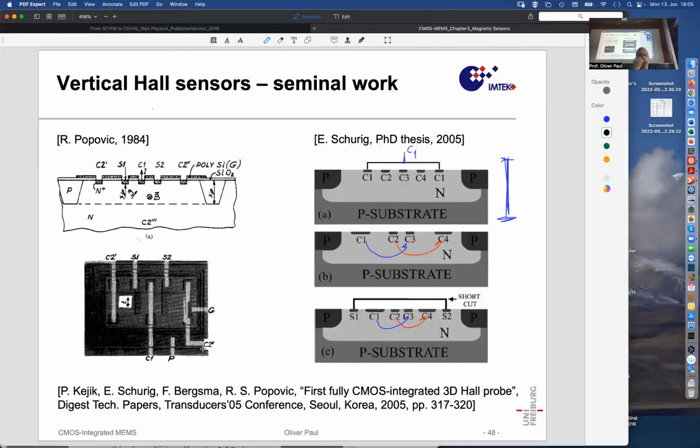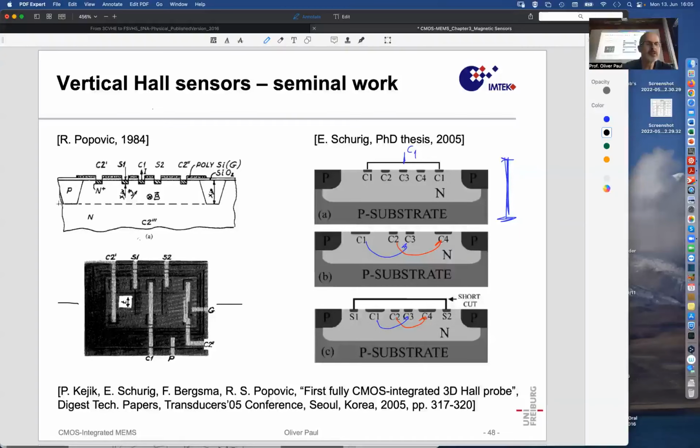And then in cross section, if you think of a cross section being drawn across here in the vertical direction, perpendicular to the plane of the projection, then you obtain this cross section and you see that there is some region that has contacts at the surface. This is the surface covered by silicon oxide with some other dielectrics. And these contacts are then the contacts of the Hall sensor.